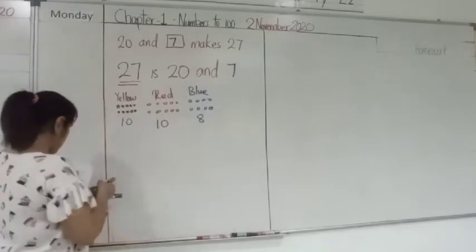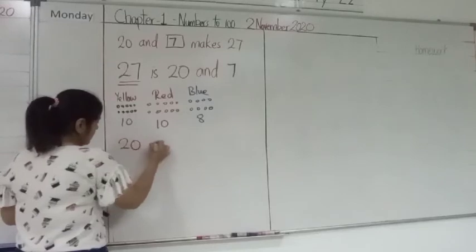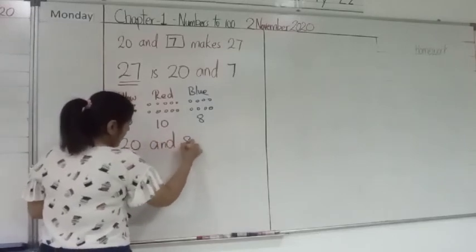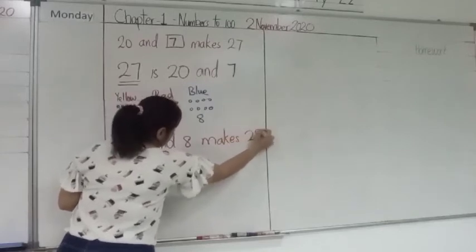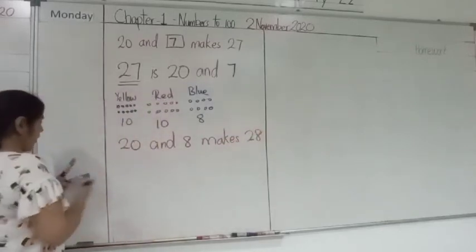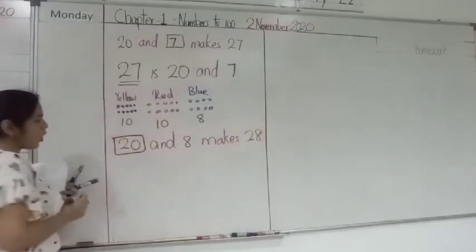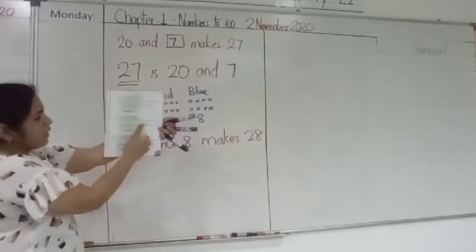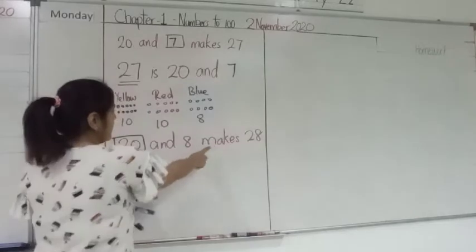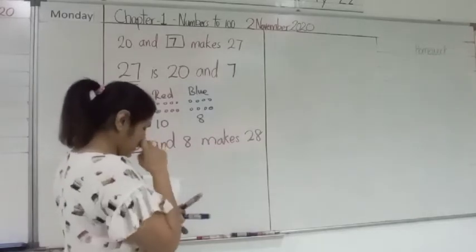That means 20 and 8 makes 28. Please write down 20 in the box which is given on your right hand side. 20 and 8 makes 28.